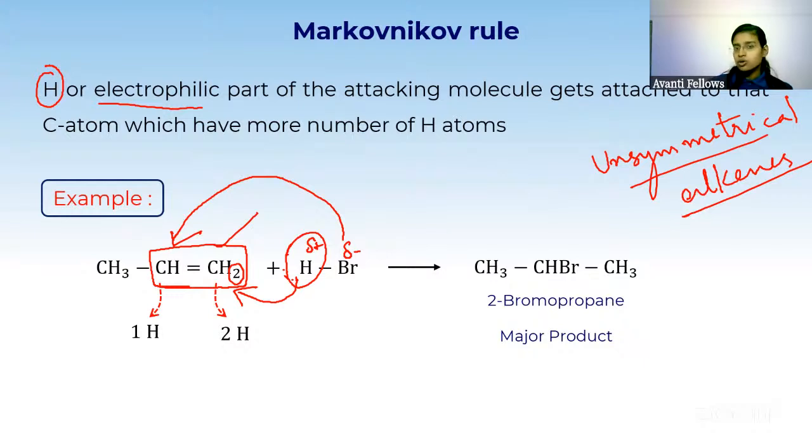We have to follow this rule. So the hydrogen has to go to the double bonded carbon which has more number of hydrogens. The other one will go to the carbon with fewer hydrogens. So this is how we get the major product using this rule. Can you understand the Markovnikov rule?